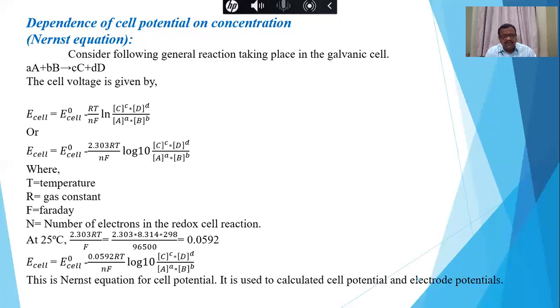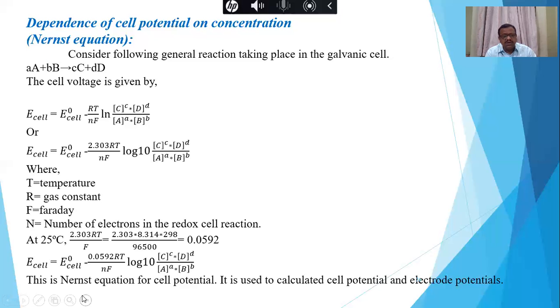Therefore, the above equation becomes: cell potential of a cell is equal to E standard cell minus 0.592 upon nF log with base 10 of C to the power c into D to the power d upon A to the power a into B to the power b.